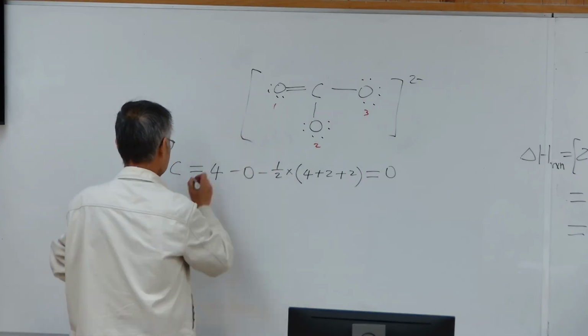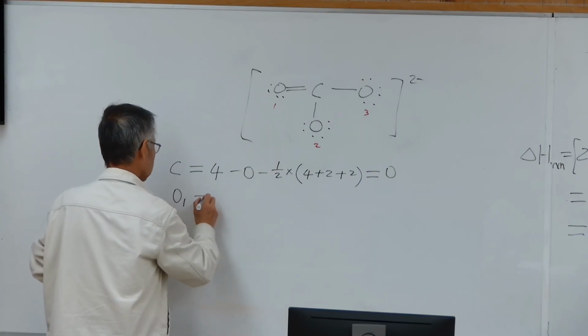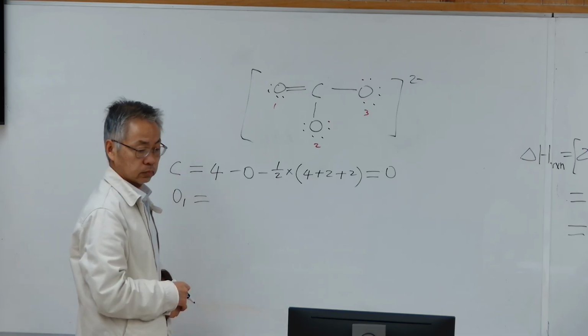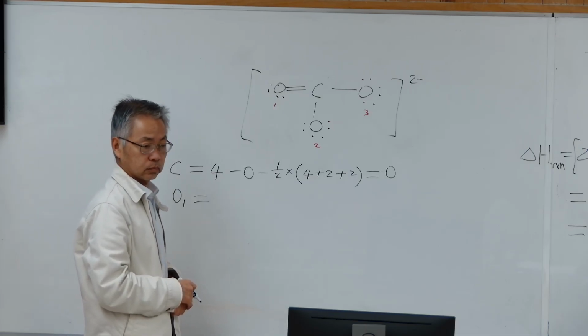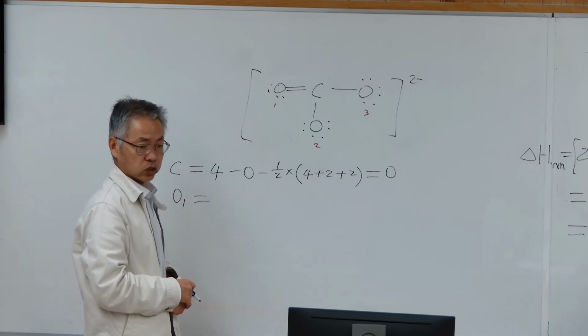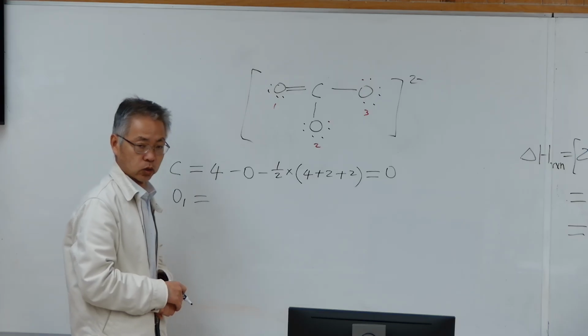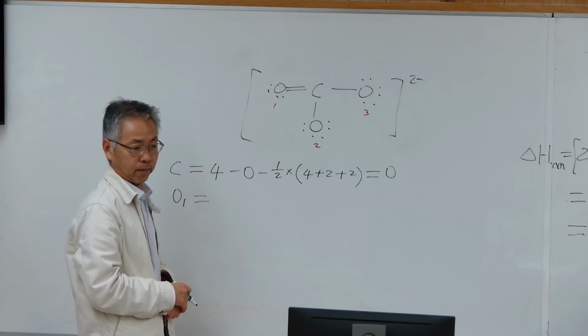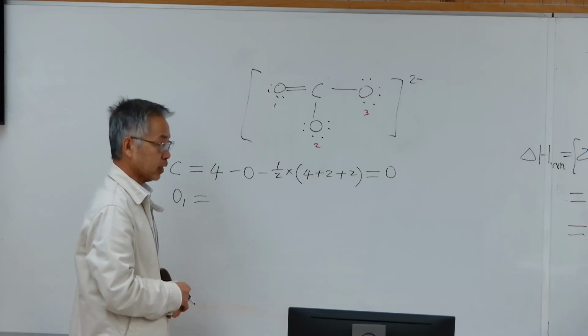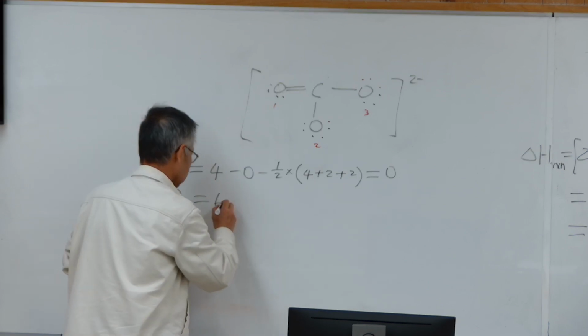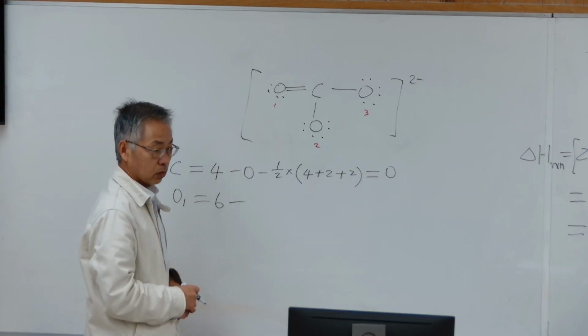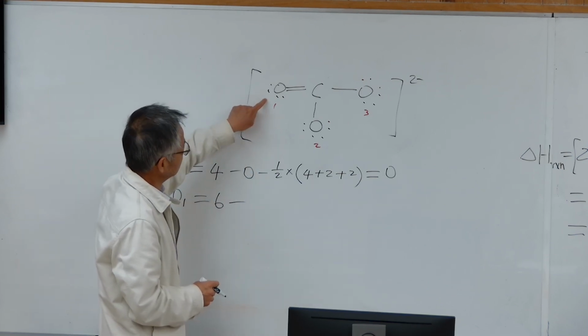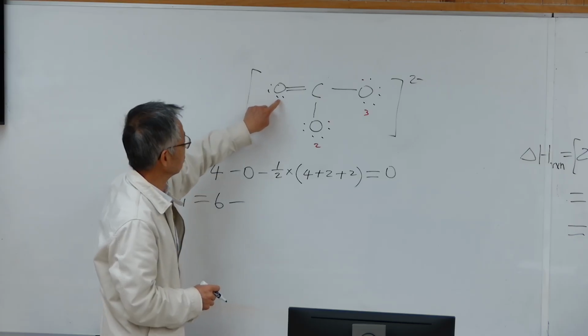Then what is oxygen 1? How many valence electrons for oxygen not in any structure? Yes, 6. Group 6A, so 6. And how many lone pairs? 2 lone pairs.